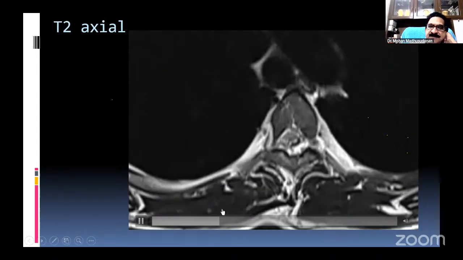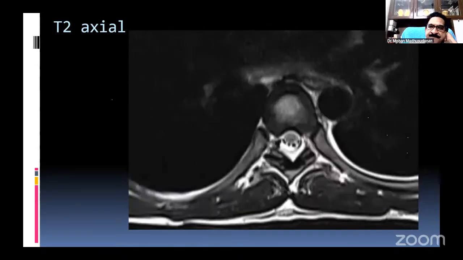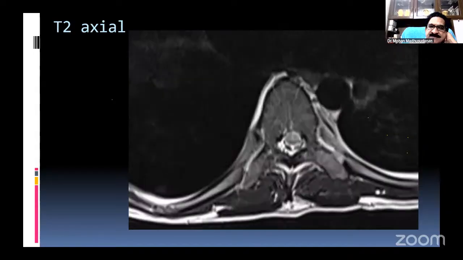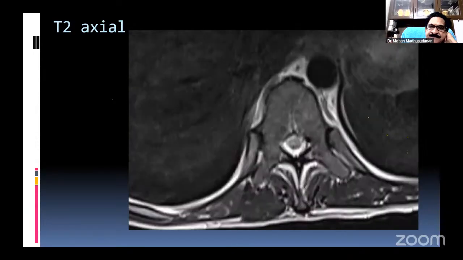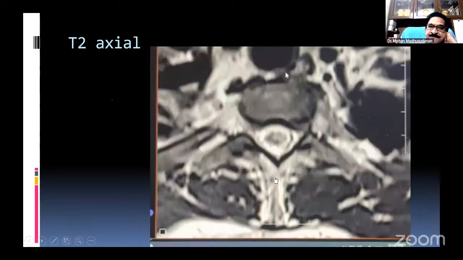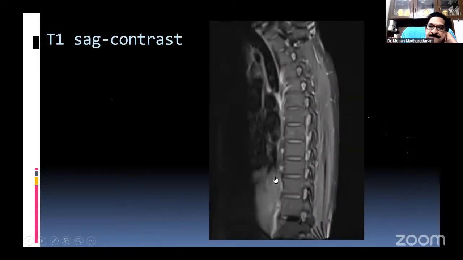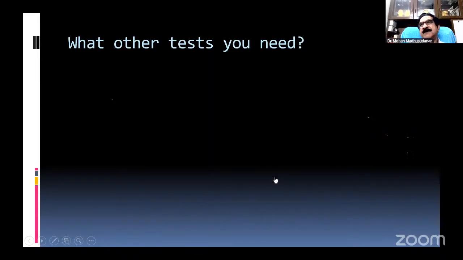There's hyperintensity in the cord, including the epiconus and conus region. So, in a sense, hyperintensity is a little less, both in the brain and spinal cord, but it's still there.